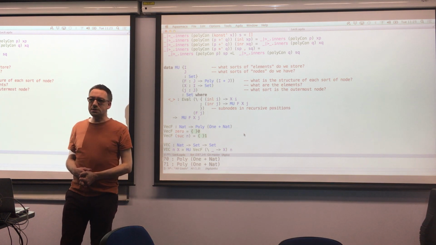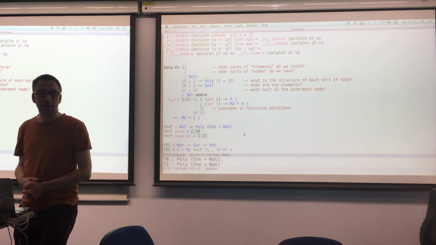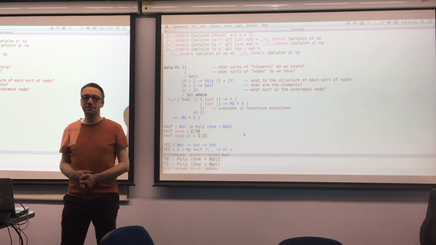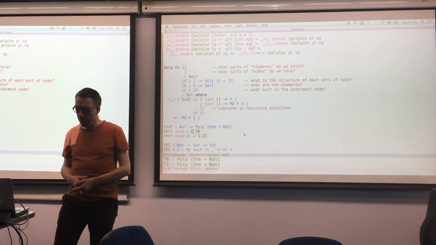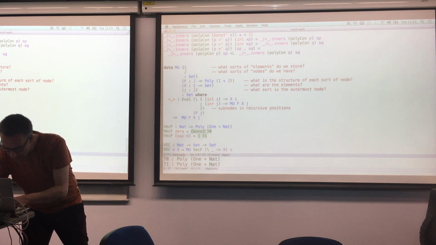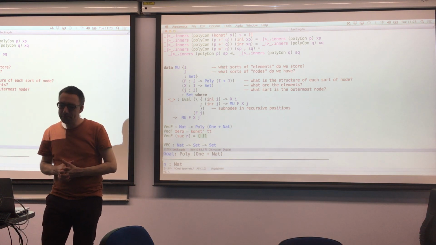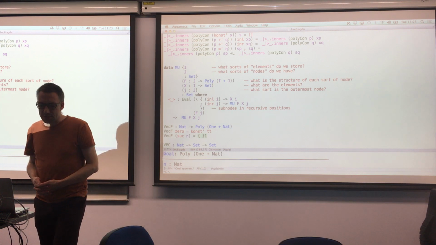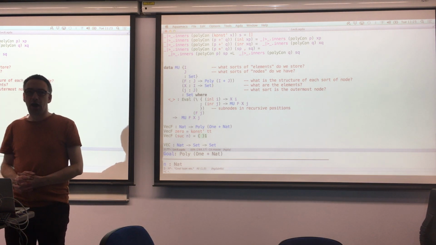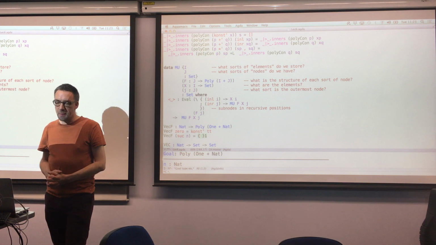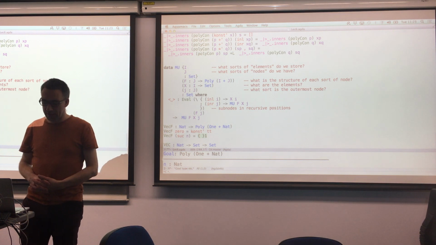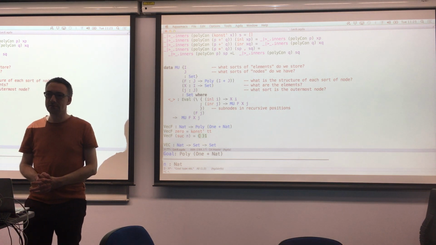So, what polynomial characterizes the vectors of length 0? The constant 1. And what polynomial characterizes the vectors of length suc n?